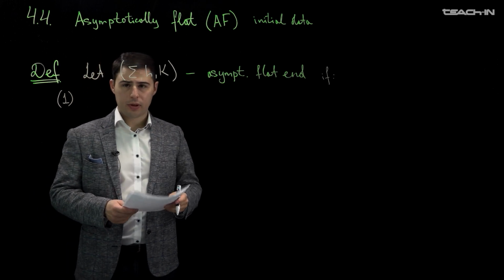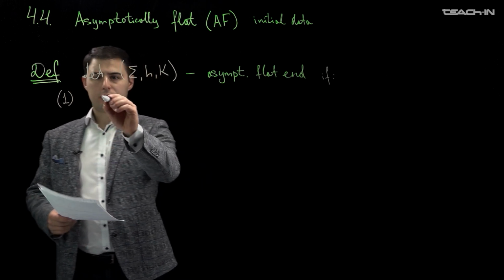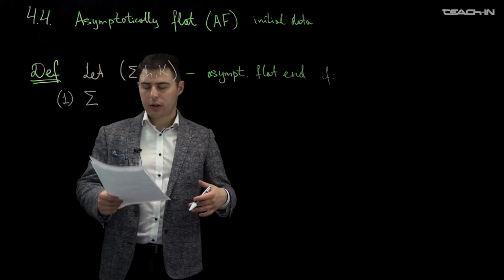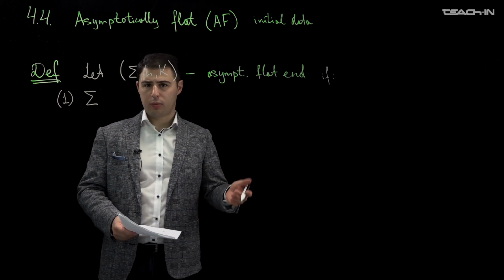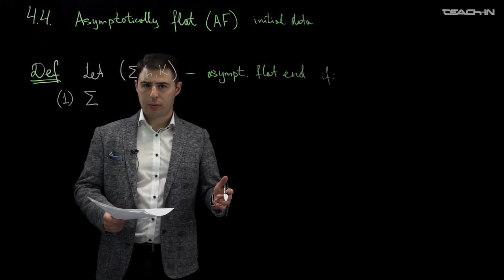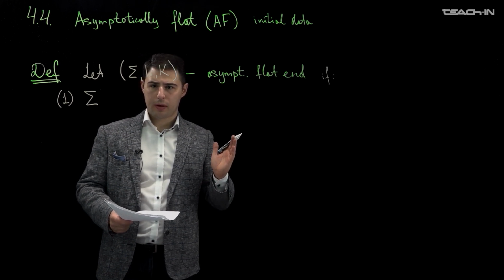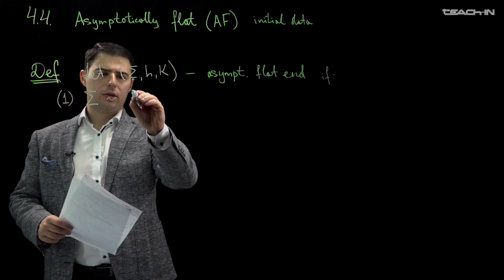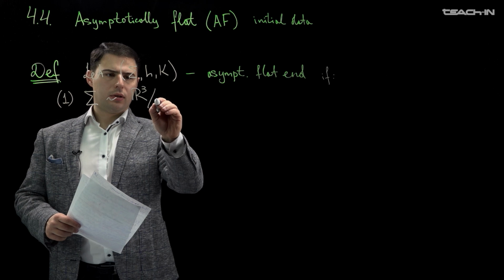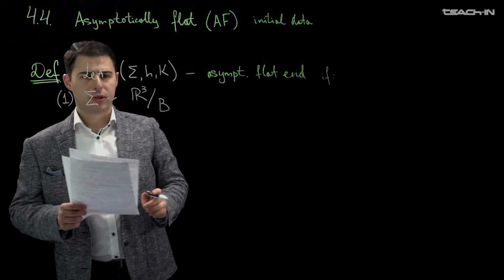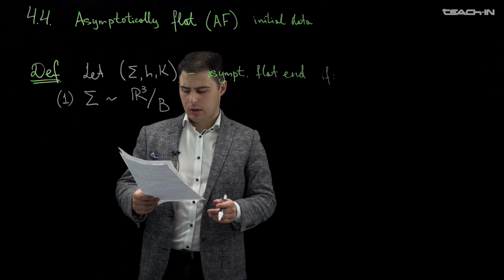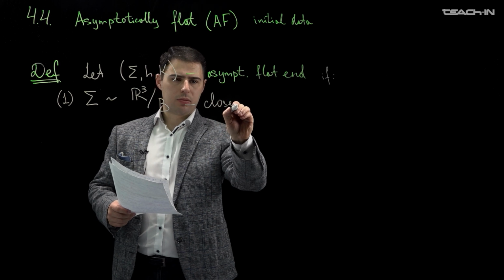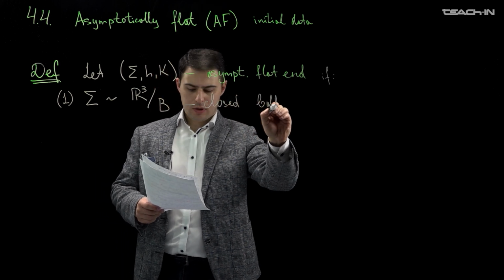First of all, sigma is diffeomorphic to three-dimensional Euclidean space, maybe except for some central ball. So sigma is homeomorphic to R3 without potentially a closed ball centered at the origin.